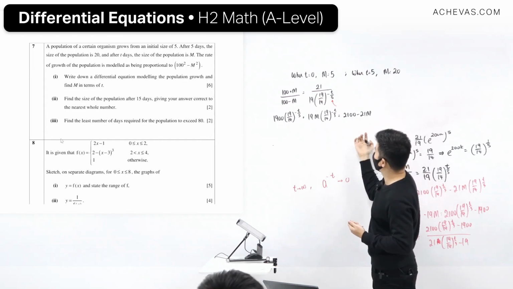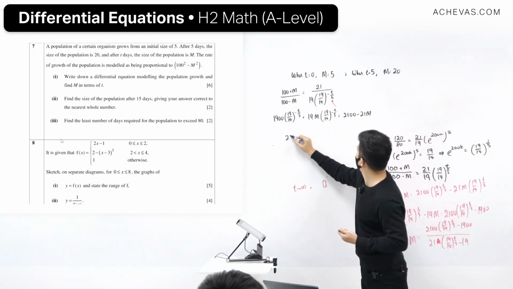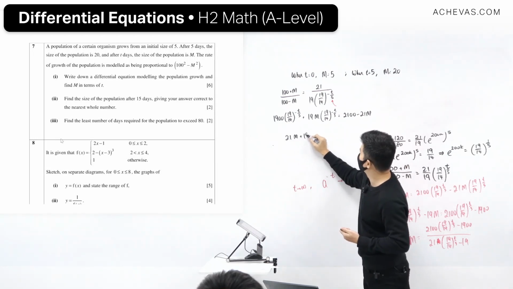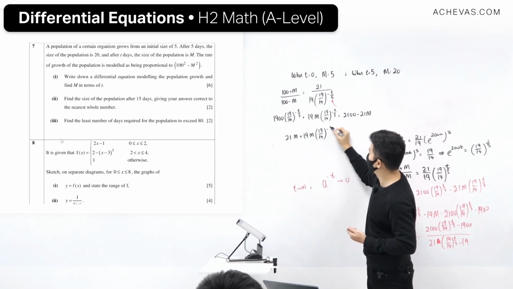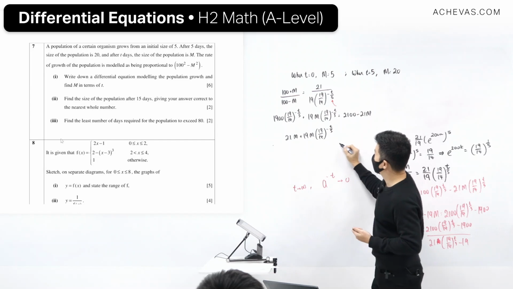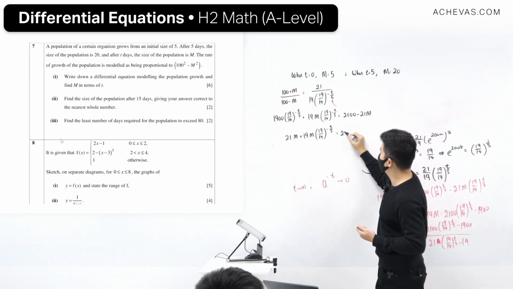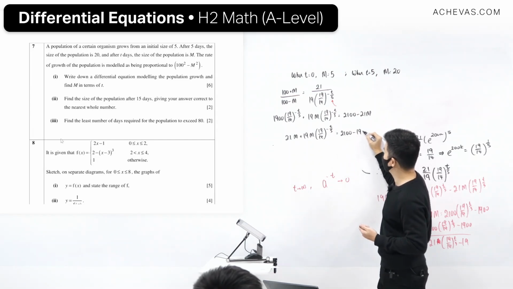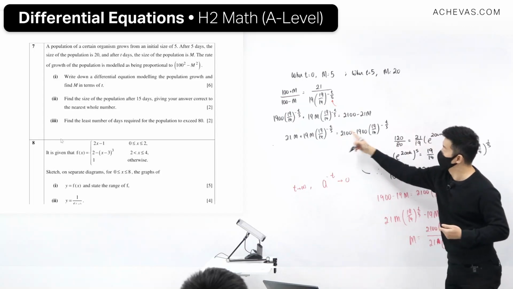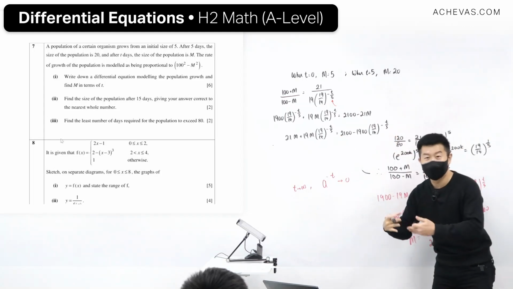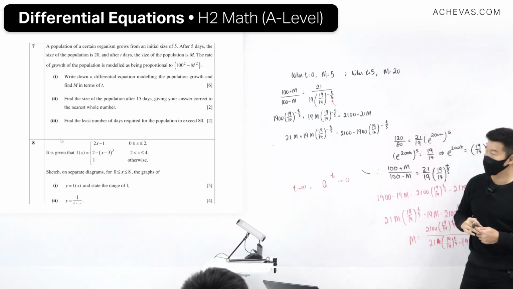Moving all the m over to one side, we have 21m plus 19m, 19 over 14 to the power of negative t over 5. This is equal to 2100 minus 1900, 19 over 14 to the power of minus t over 5. Okay, I'm preparing this in case later they ask me, let t go to infinity.